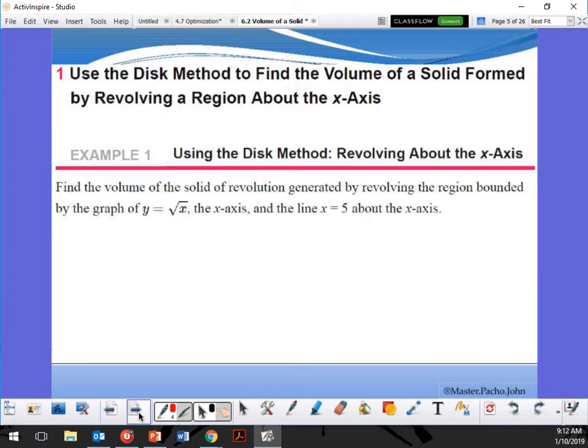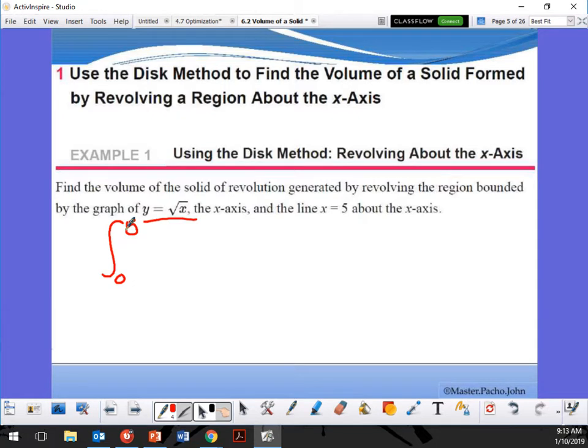So right here, what are my bounds going to be? It's bounded by the x-axis, isn't it? So in this function, it would be 0, wouldn't it? And what would be the upper bound? 5.